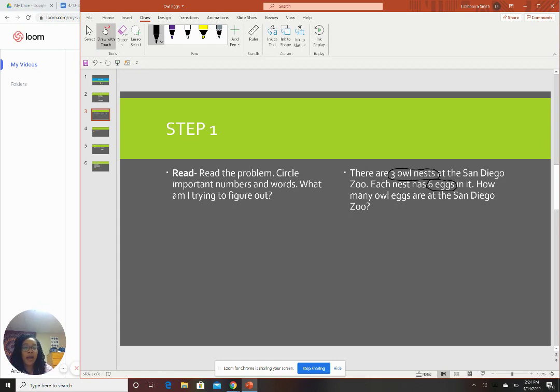I'm trying to figure out how many owl eggs are at the San Diego Zoo. So it's like how many altogether. So I know that I'm either going to be adding multiple numbers or multiplying to figure out my answer. So those are the 3 things that are really important, and I'm going to remember them as I go through this problem, okay?